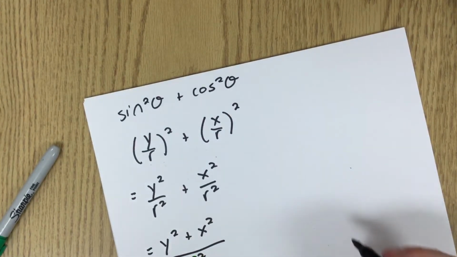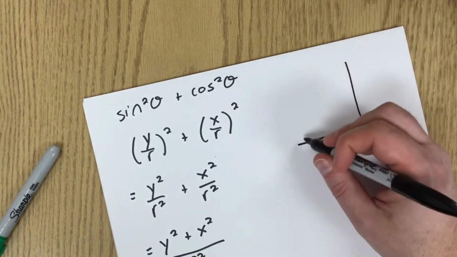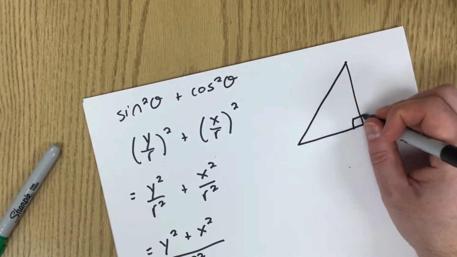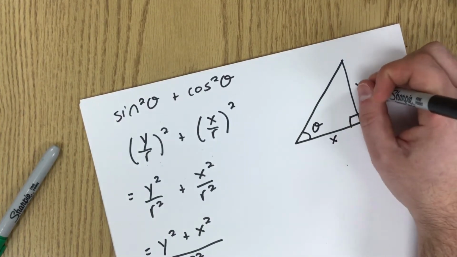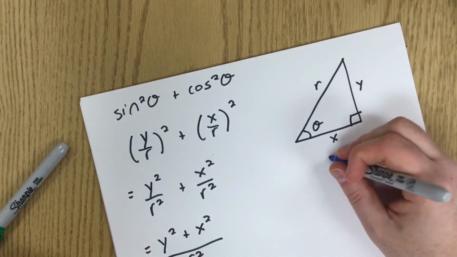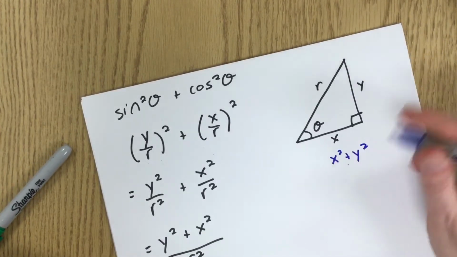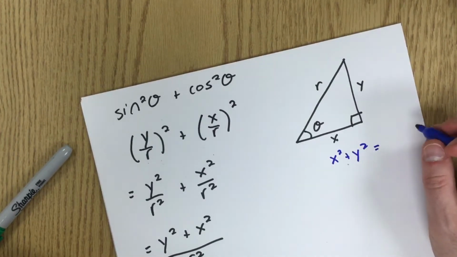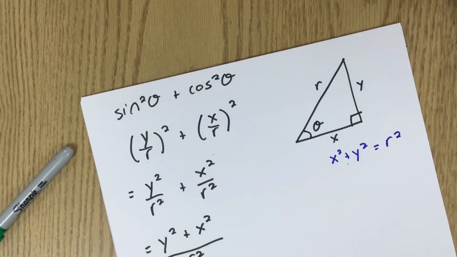Now that doesn't look very pretty, but let's go back to the triangle. Remember it was a right angle triangle, and this was our theta, and this was x, and this was y, and this was r. So what we know by Pythagoras in this triangle is that x squared plus y squared equals r squared. This is the c squared equals a squared plus b squared Pythagoras formula.